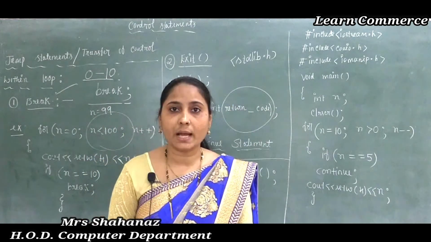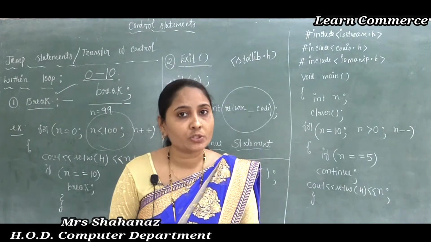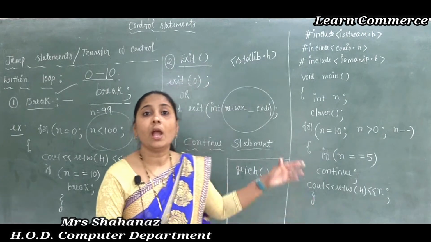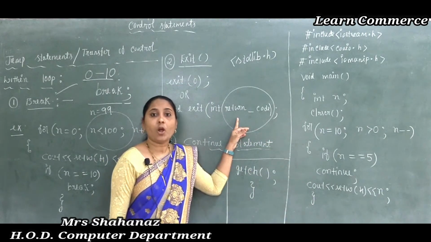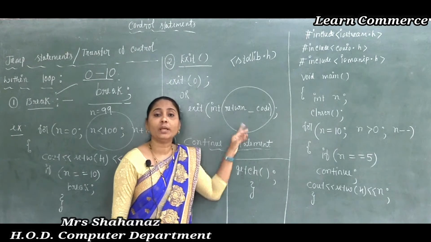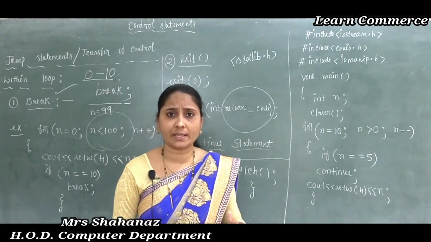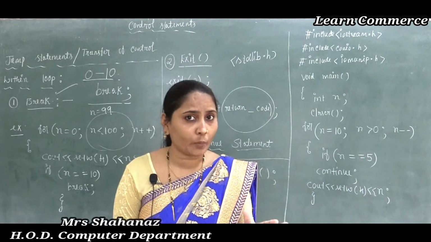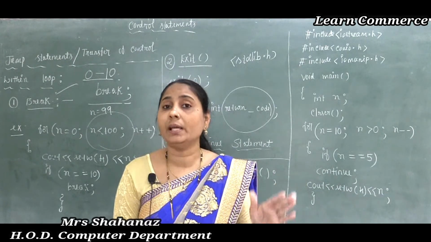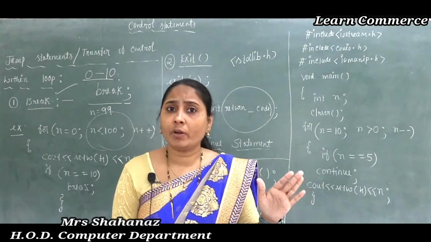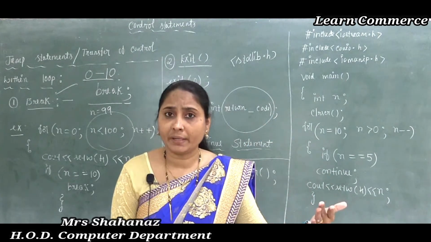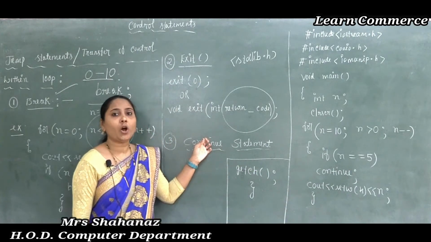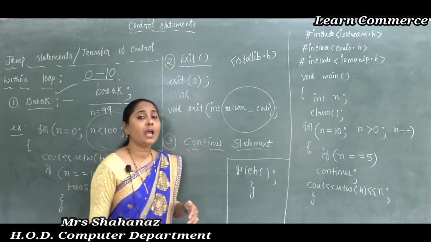The return code is used to return some value to the operating system, or maybe to the calling program. One program is called the calling program, and that will come in the function chapter, which we are going to complete in the upcoming days. At that time it will be clear what the calling program means.